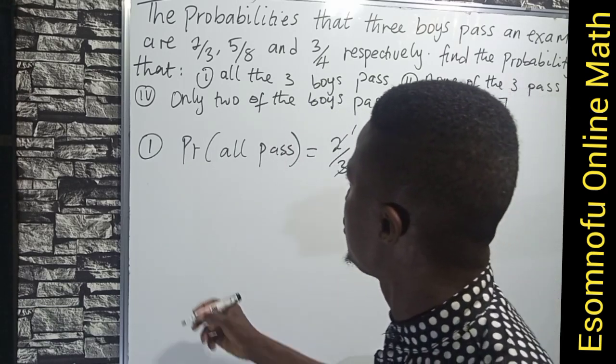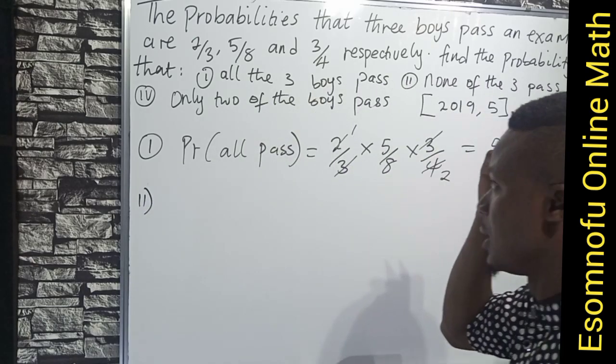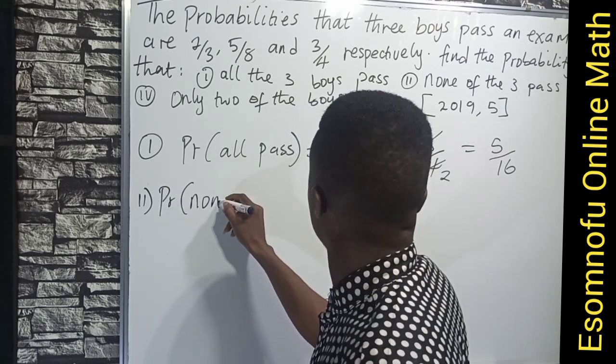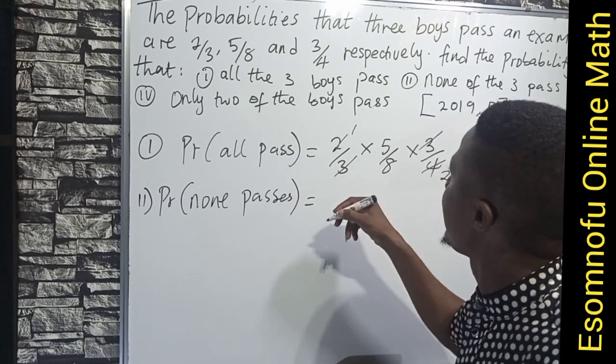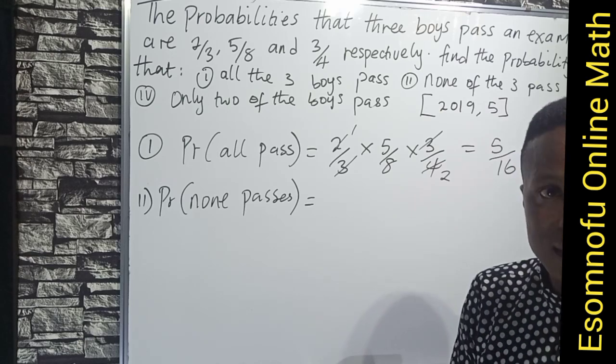Therefore, for number 2 problem, where you have that none of them will pass, it implies that probability that none will pass implies 1 minus the product of their individual probability, because for them not to pass means that they have failed.